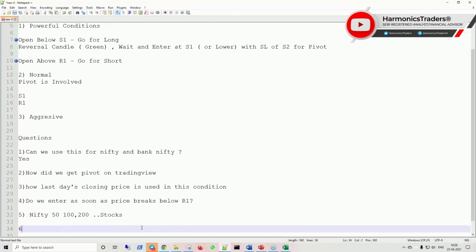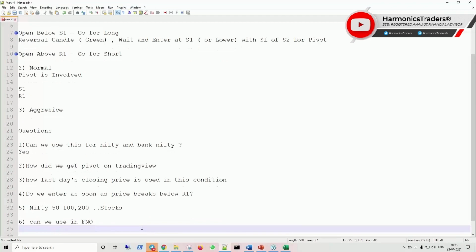Just do it in cash with a small quantity, 100 or 50. How to trade with small SL, I'll explain a little later.